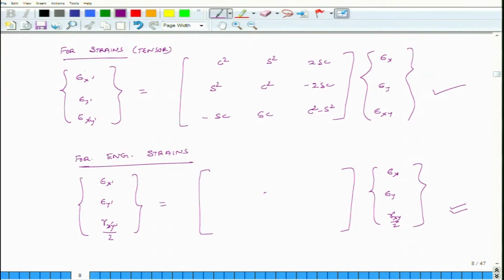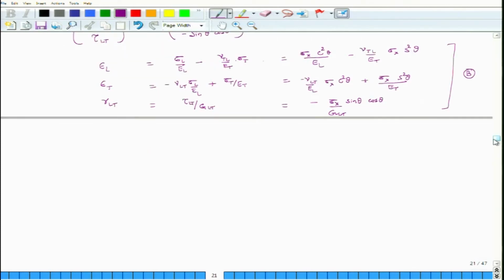So, theta is minus theta. If we put the value of theta as minus theta in this matrix, then I can write 3 more equations. So, we are going from LT coordinate system to xy coordinate system.